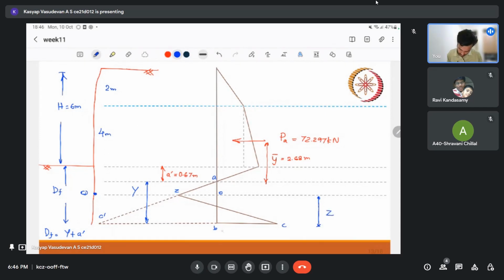So this particular distance, that is PP1 and PP2. So there are two stresses, PP1 and PP2. There are formulas to arrive at this. It's simple.